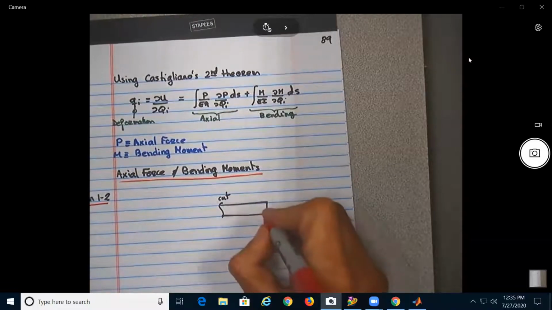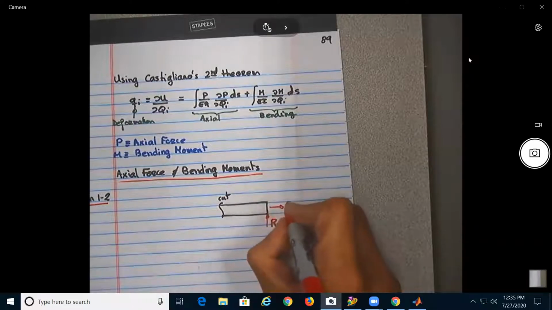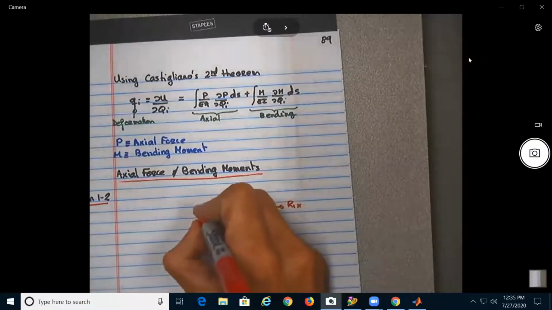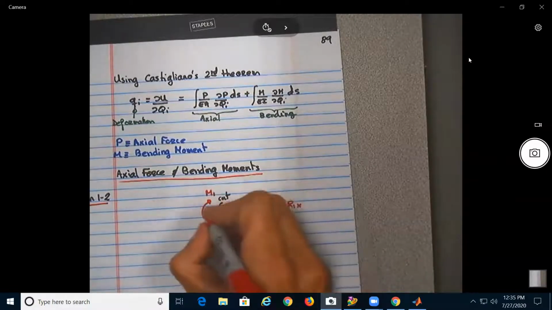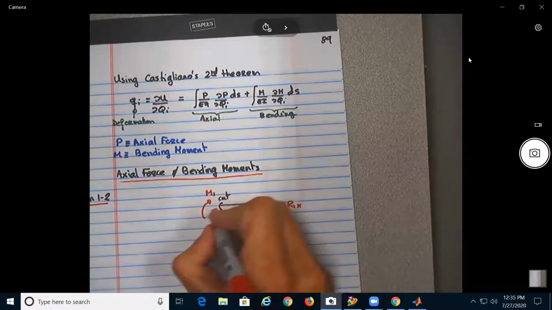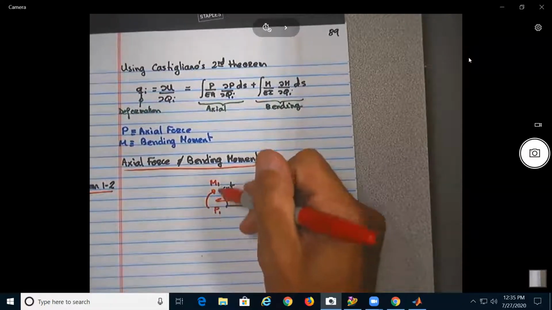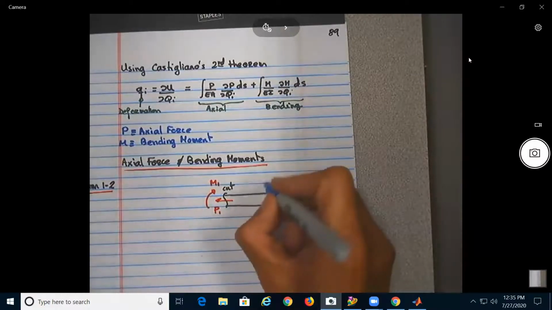In this end, we have R1Y, R1X, M1, and I could plot it, but here we're really interested in P1. But if we needed to find the shear force, you can just do the shear force in that direction, no? Okay? But I don't want to put too much. And this is point 1 over here, okay?